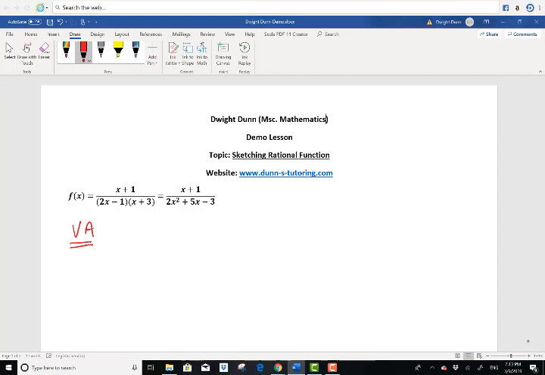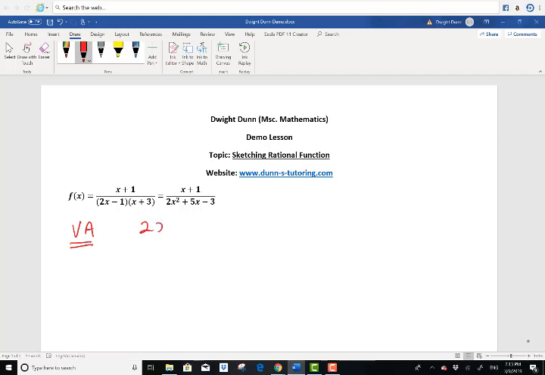So for the vertical asymptote, we want to figure out what value of x will make this function undefined. And to identify where it's undefined, we simply need to set the factors in the denominator equal to 0.